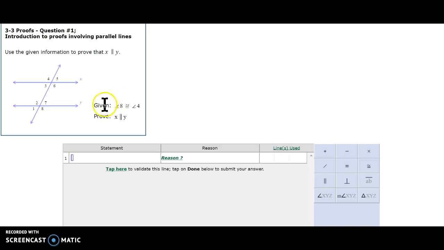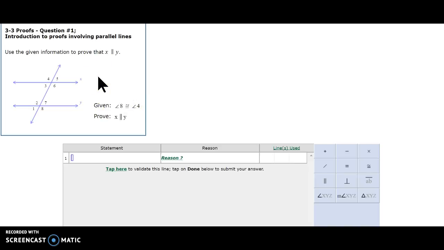Now, it is given that angle 8 is congruent to angle 4, and they want us to prove that line X is parallel to line Y. When we are doing questions like this involving proof, they always give us some information.